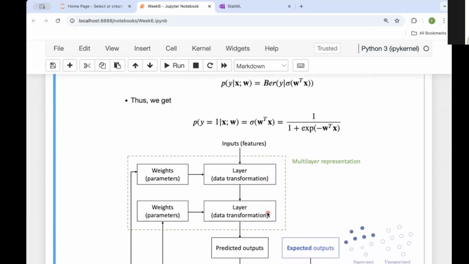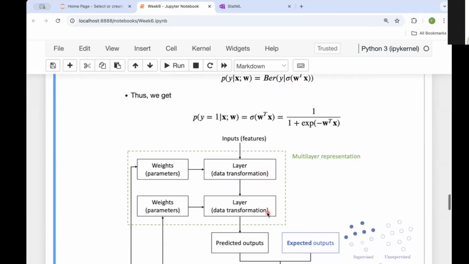And now if you have a very advanced neural network model that is supposed to classify some images, then we may have multiple layers of data transformation, but it is still a very similar idea that we're going to need to use the sigmoid function to make sure that we have probability scores.